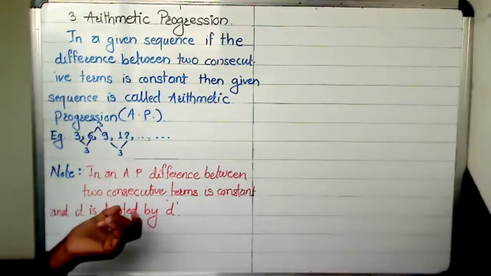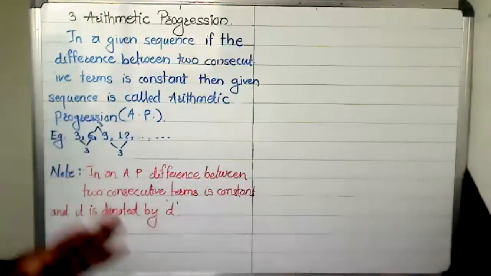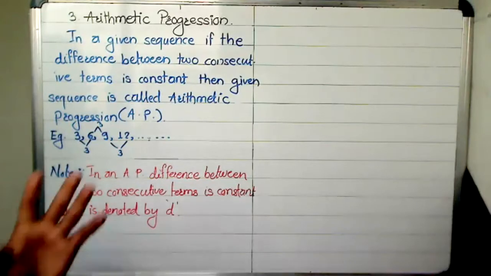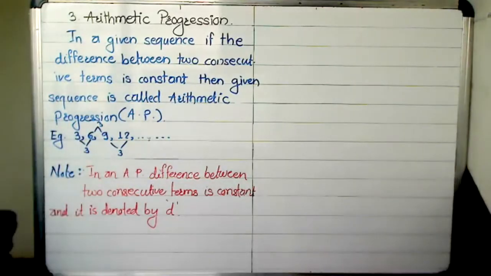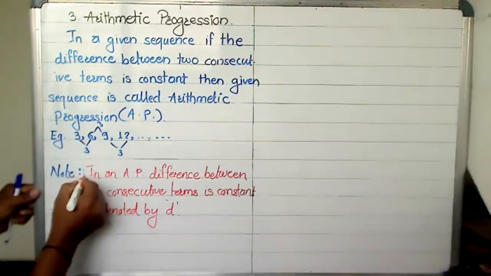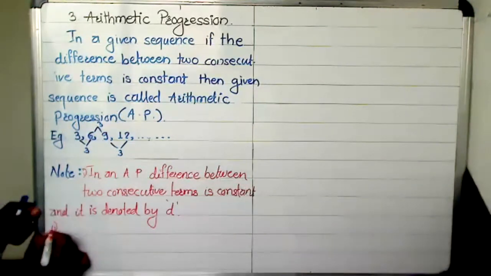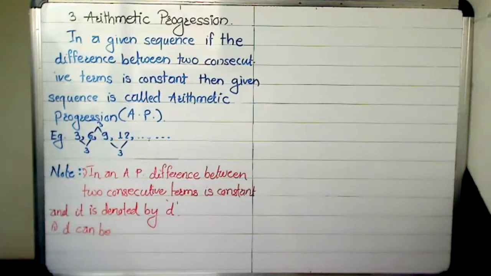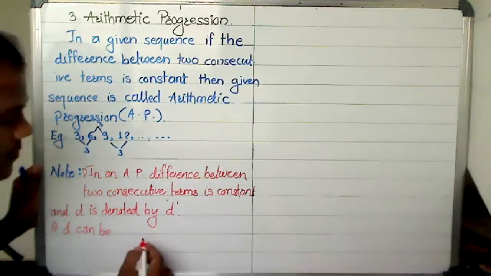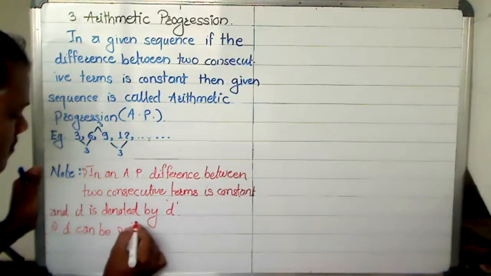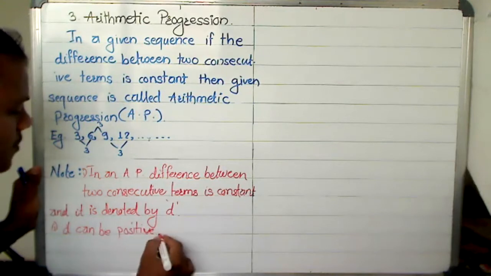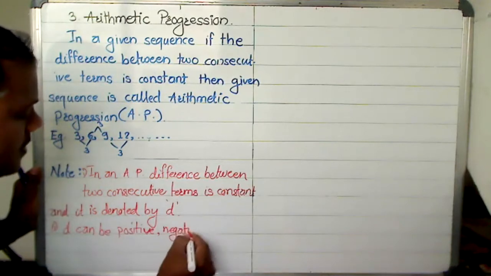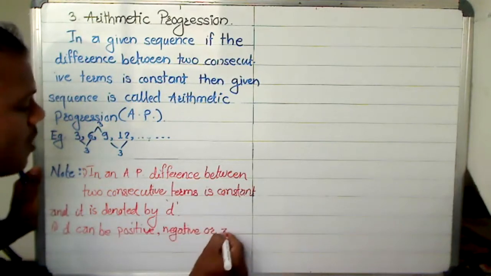The common difference between any two consecutive numbers should be constant, whether it is negative, positive, or zero.